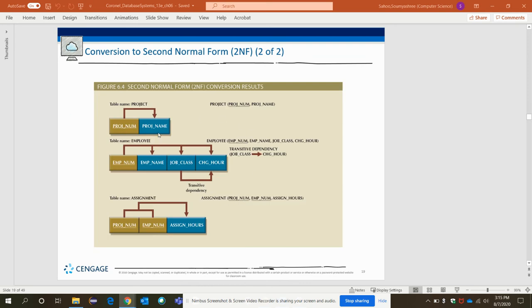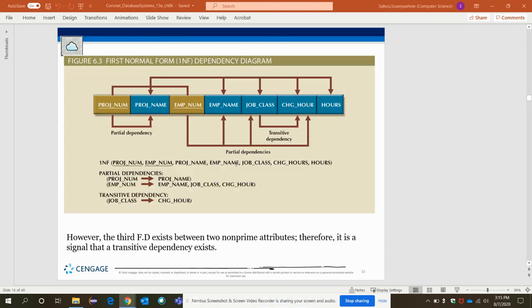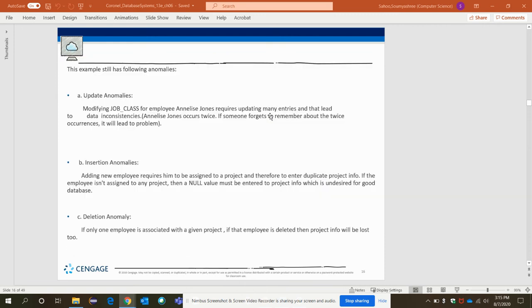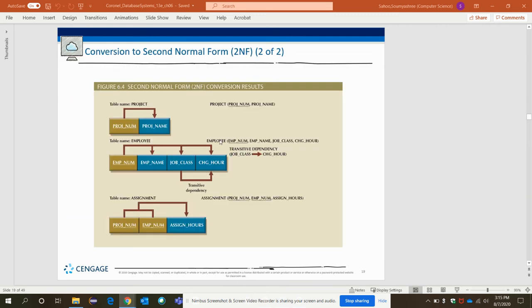Let's do it here. Based on the last picture we had, we have to divide the structure into these three parts. See all the functional dependencies. You can open the slide on your desktop and keep on comparing. The partial dependency project num determines project name is considered a separate relation.